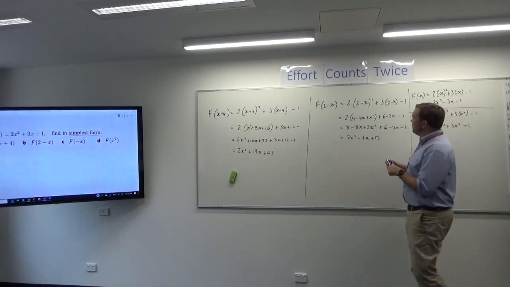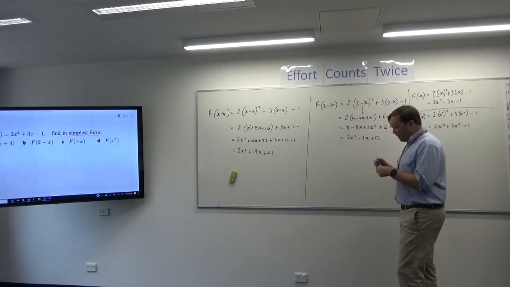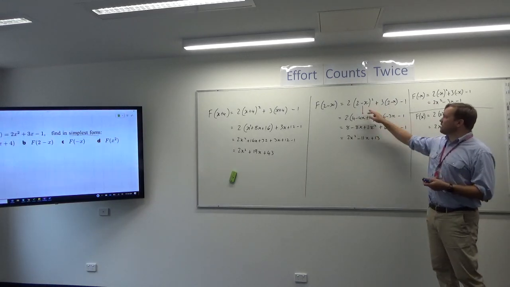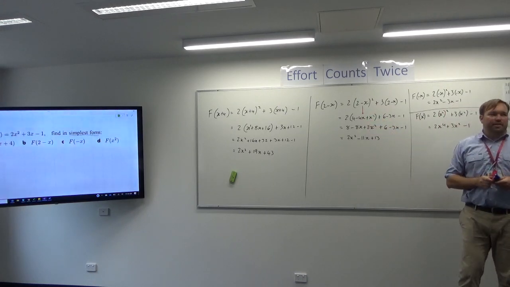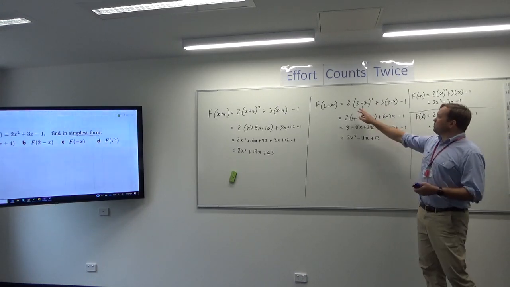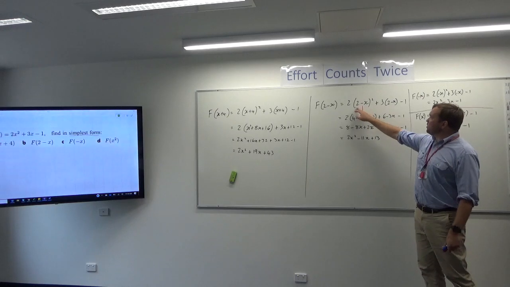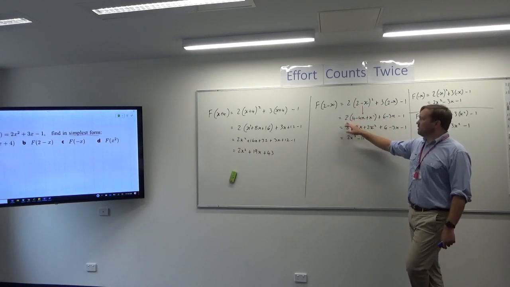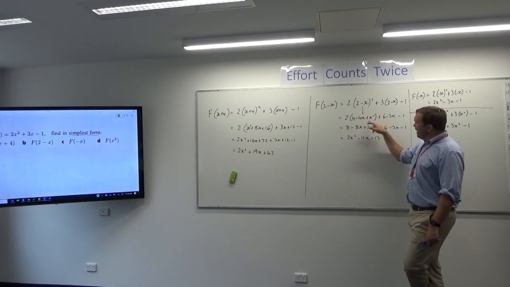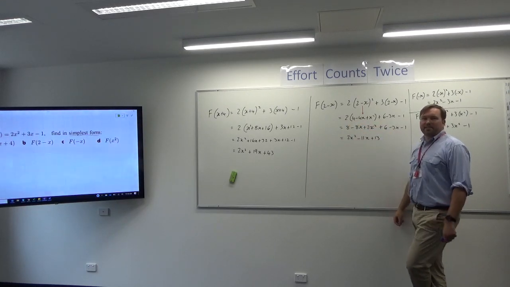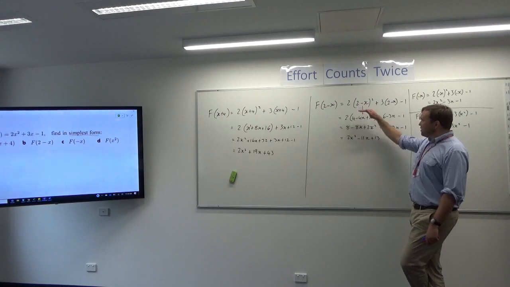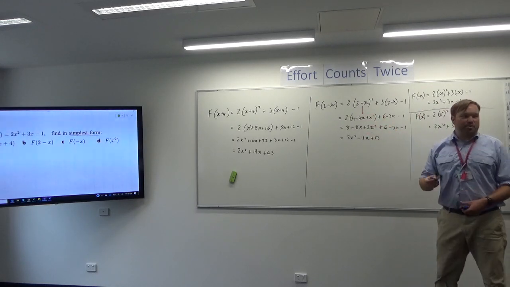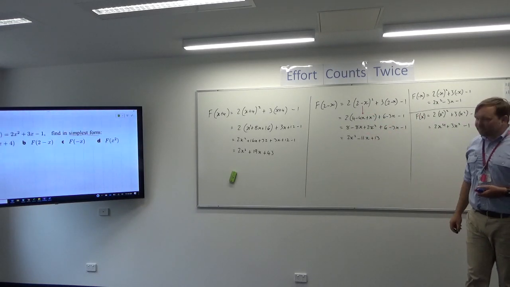Even in between here and here, if you need to put in another line to make sure you get that expansion right, go for it. I'm not confident with my mental arithmetic to do this and throw the 2 in at the same time. I'd mess something up. So I've left the 2 there, done it, and then put the 2 in on the next line. So you've just got to be nice to yourself and write things down so you're not trying to do too much in your head.